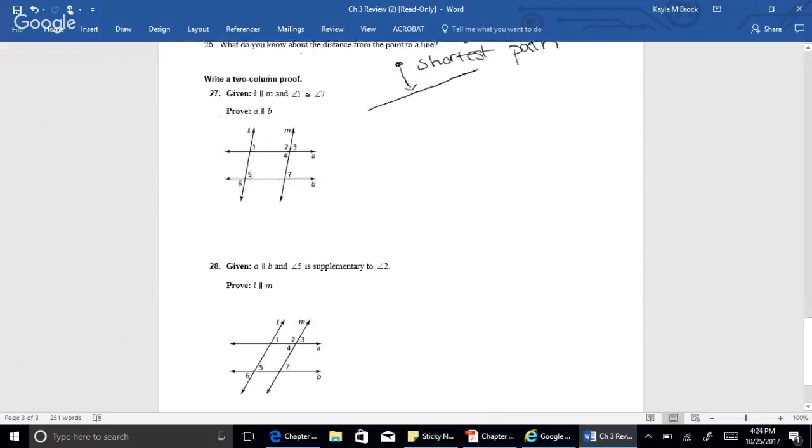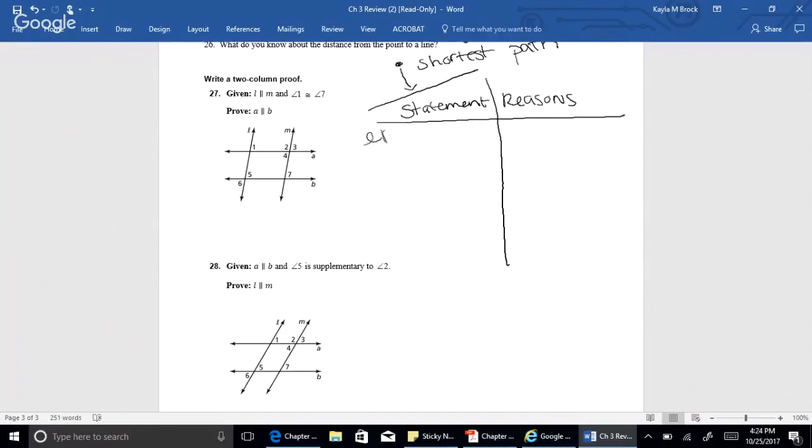Okay, let's write a 2-column proof. L is parallel to M, and angle 1 is congruent to angle 7. So the first thing I do is write statements and reasons, okay?